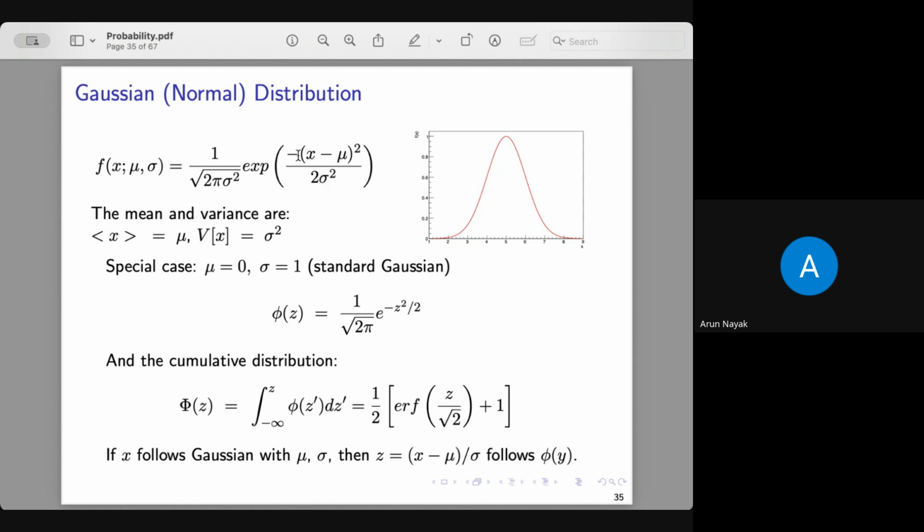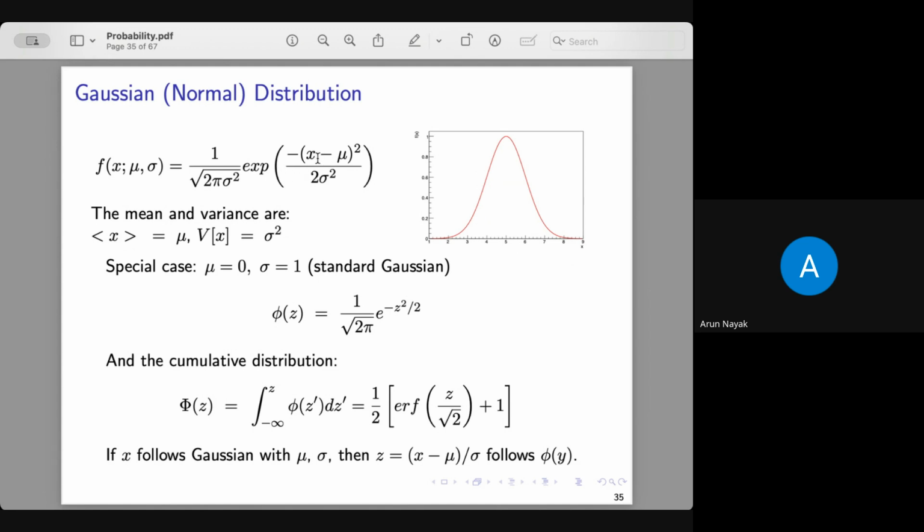You can calculate from here that the mean will be mu and the variance will be sigma squared. In this plot, mu is 5 and sigma is around 1.